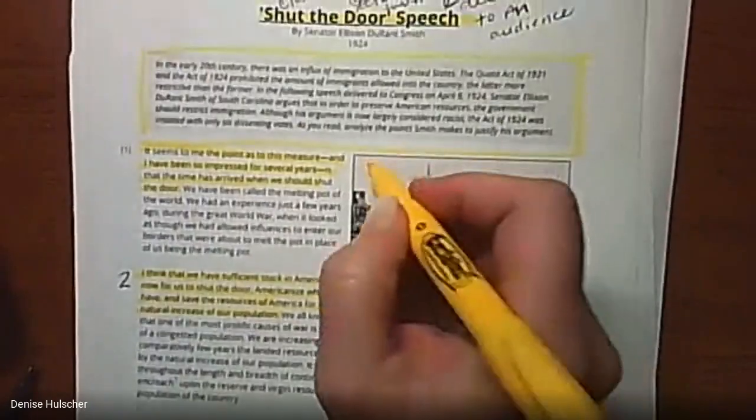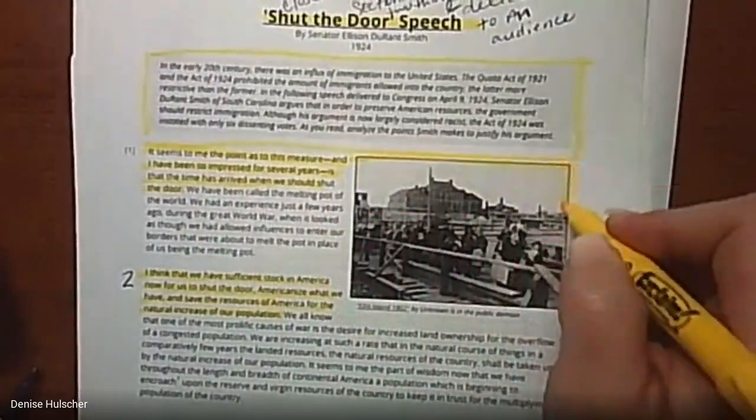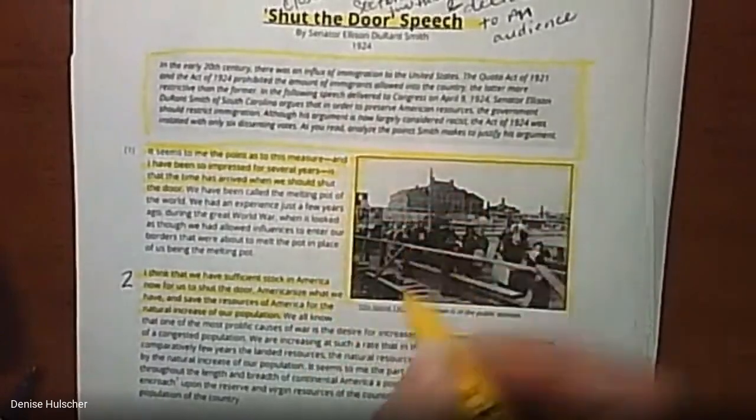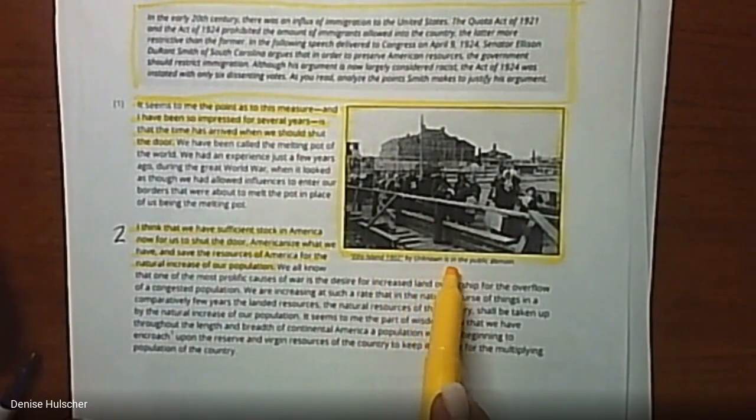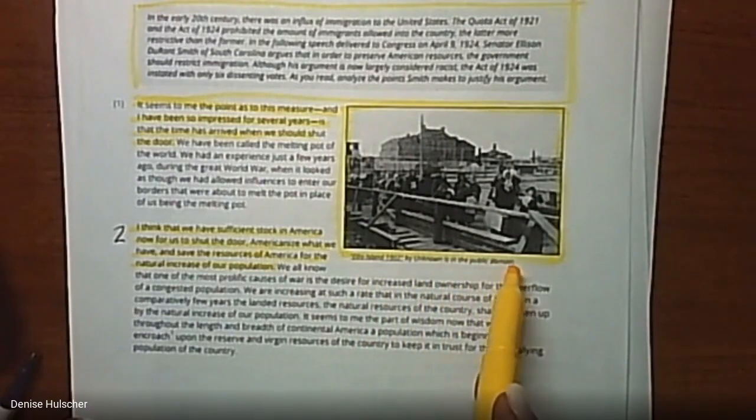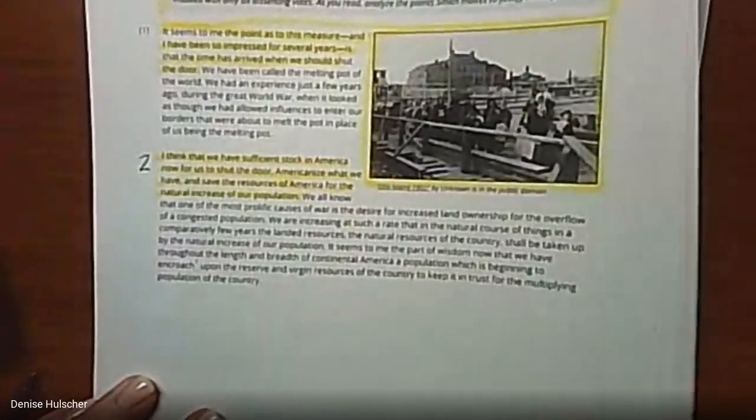All right, so I know that I do have a visual right here. And it says underneath this that Ellis Island, 1902, by unknown, is in public domain. So this is a picture of Ellis Island and some of the Americans that were there.